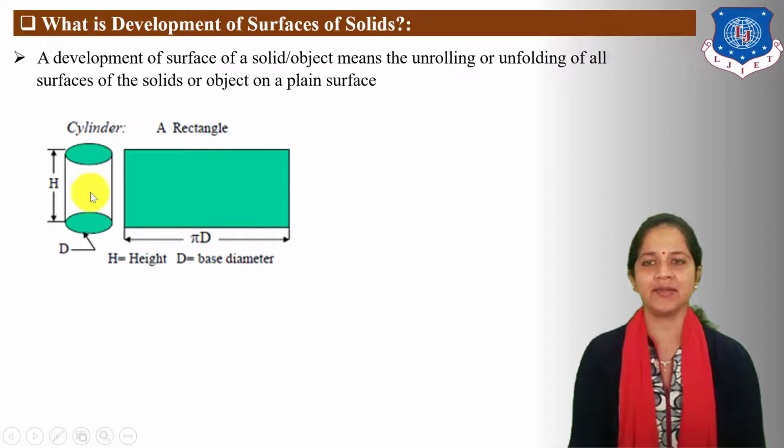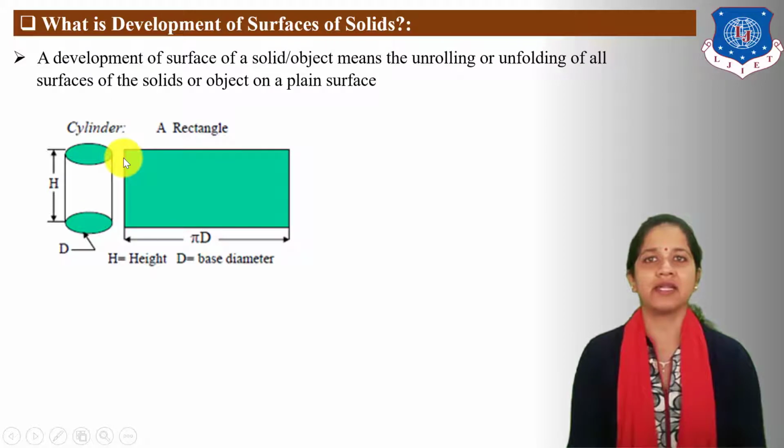Here you can see a cylinder is given having height h mm and diameter of base or top face circle d mm. Now, the development of a cylinder is a rectangle. A cylinder has infinite generators because its outer surface is in the form of a curve.